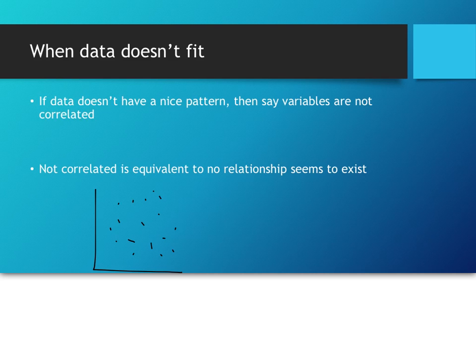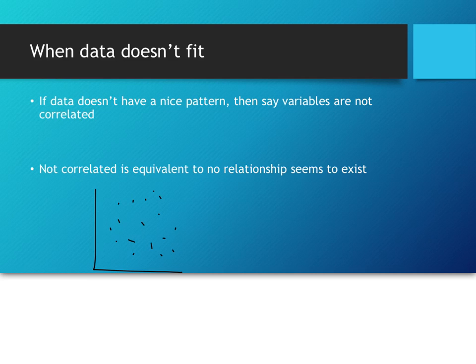If you get this situation, where we have dots just kind of all over and we don't have any pattern, then instead of trying to model and make a curve that fits this, we just say that our data is not correlated. There's no relationship there. Okay? So no relationship seems to exist between these 2 variables, at least not from the data that we've been given.